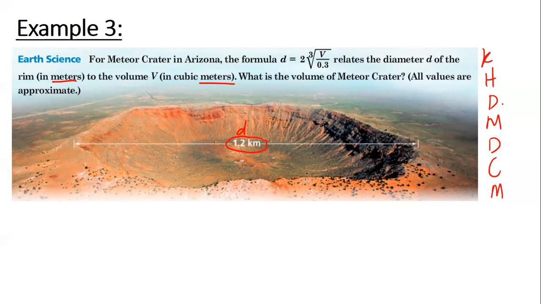Okay, that's how I learned it. So this is your kilo, your hecto, your deca, your meters, your deci, your centi, and your milli. Okay, so this is your customary units, right?